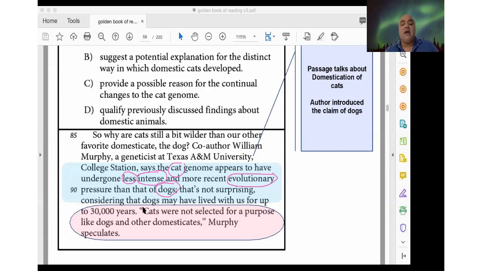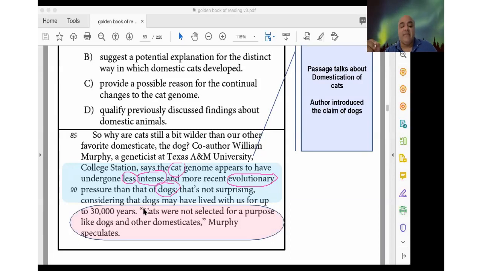Anyway, it is clear when he brought the claim from outside, the claim of the dogs, he brought it to make a comparison between the genome of the dog and the genome of the cat. When he said the cat genome is having a recent evolution because cats have been with us for less time than dogs.